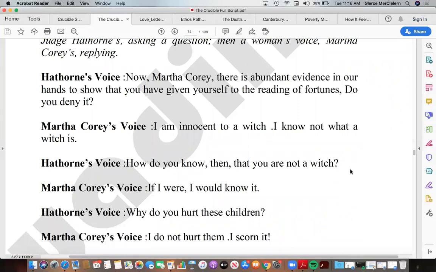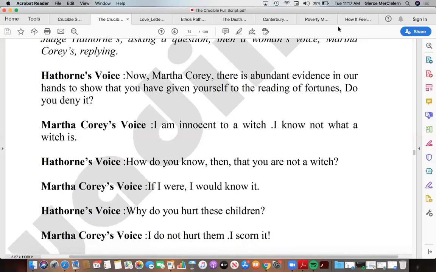Anybody in particular want to read these? Hawthorne is a bigger part than Martha Corey is. Okay, I'll read Hawthorne. Can I get one of you guys to read Martha Corey? Well, not saying that I don't like to read, because I love to read, as anybody who knows me knows. Hopefully I'll read.